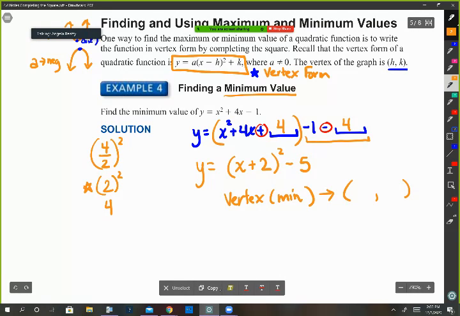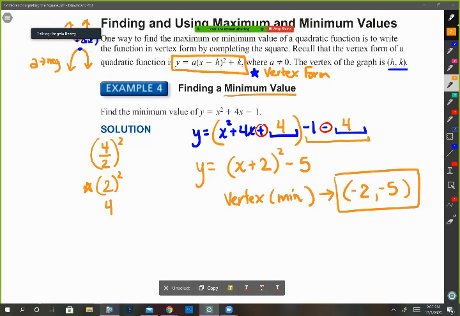And so notice that the h value is the opposite of what number is inside. So the opposite of 2 is -2, and then it's whatever the value is on the outside. So it just says whatever k is, and in this case, our k is -5. And so this is what it's looking for: what is that highest or lowest point?